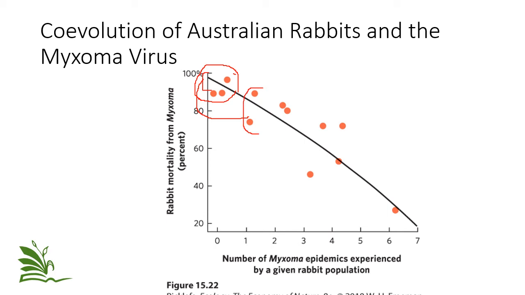And so what Australia is struggling with now is that there are still some rabbits in Australia, but these rabbit populations have evolved to reduce their mortality in response to myxoma such that they are no longer vulnerable to this disease. It's only 20% or maybe 25% of the population is dying after their population has been exposed to myxoma epidemics.